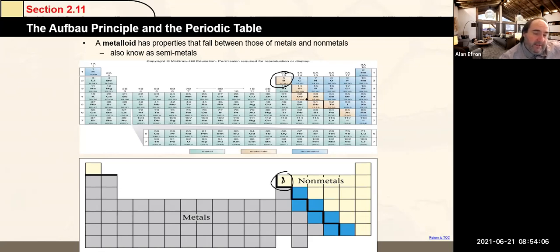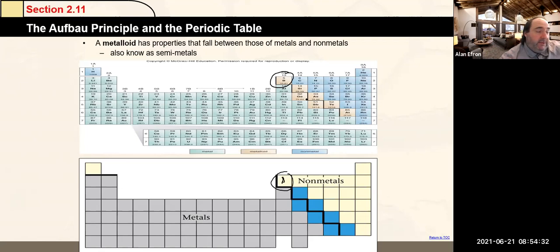They have properties that fall on both sides of that staircase. The same element will have some properties that are very similar to metal properties, while that same element will also have some characteristics that are very similar to what you see in non-metals. So there's a mixture, if you will, of what's on either side of them, metals and non-metals.